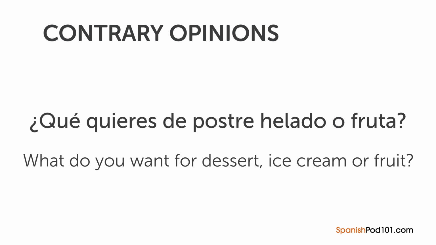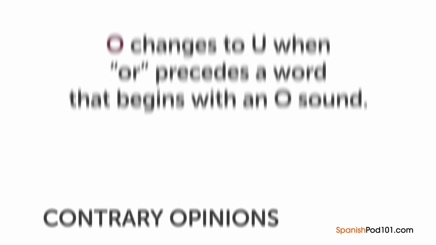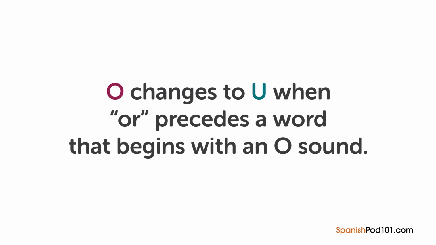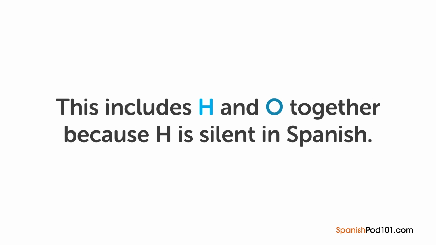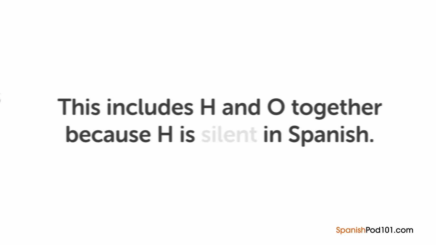Now, on to the question for this lesson. O changes to u when or precedes a word that begins with an o sound. This includes H and O together because H is silent in Spanish.